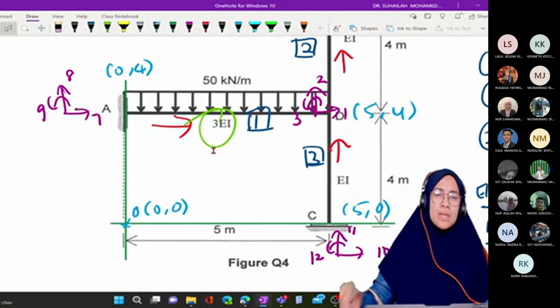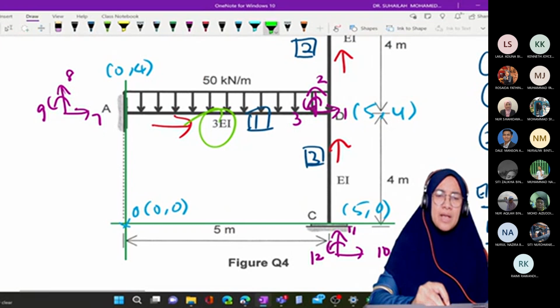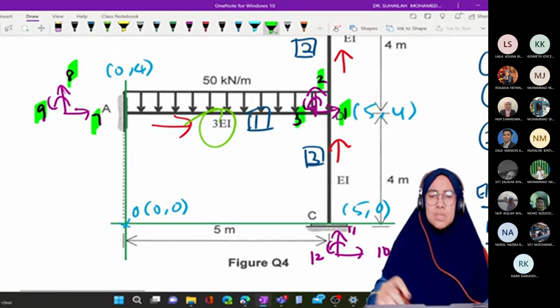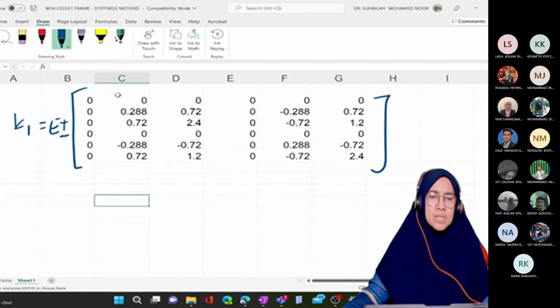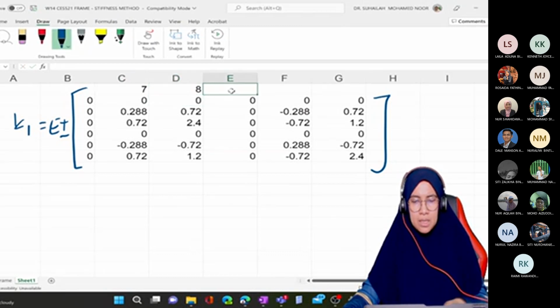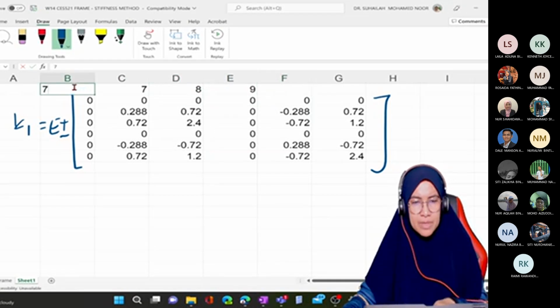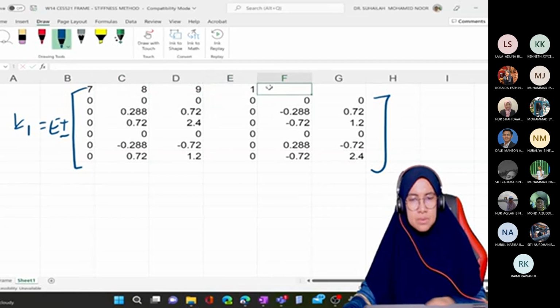So we will label the K1 as 7, 8, 9, 1, 2, 3.